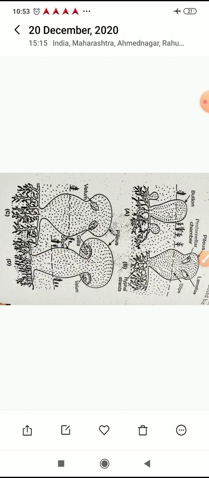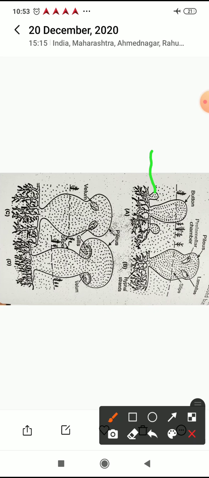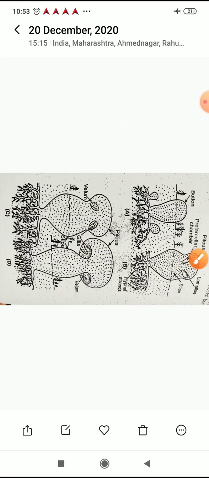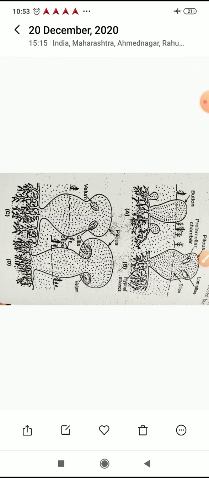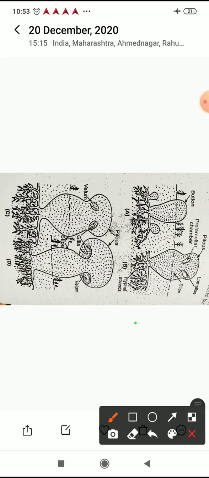So we have seen somewhere here, these are the buttons. See, button stage of basidiocarp. If a longitudinal section of button stage is taken, then one can see structures somewhat like this.